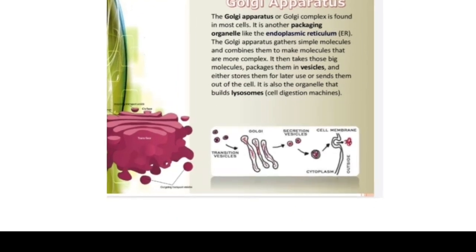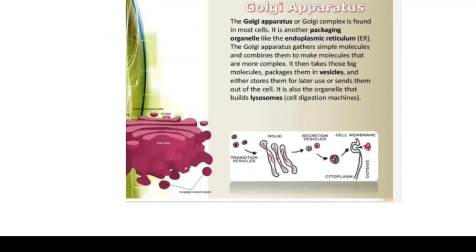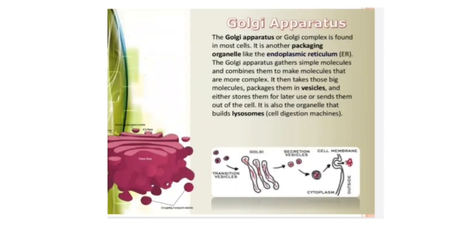See here the structure of the Golgi apparatus. The main function of the Golgi apparatus is that it is responsible for transporting, modifying, and packaging proteins and lipids into vesicles for delivery to targeted destinations.